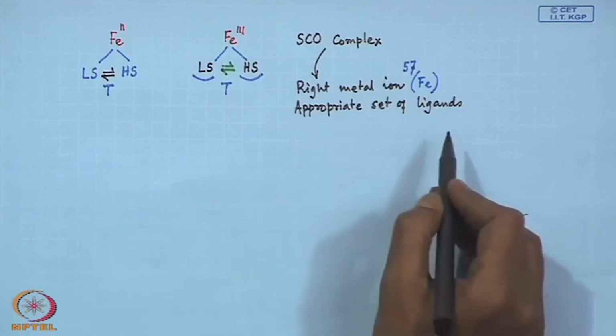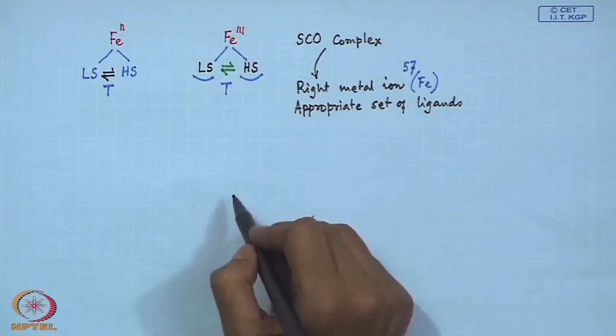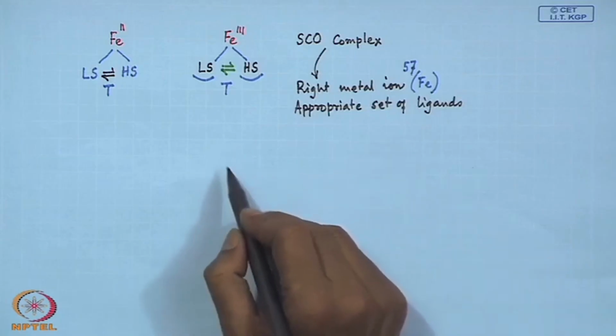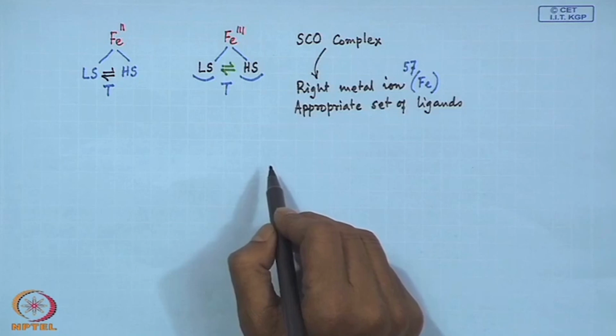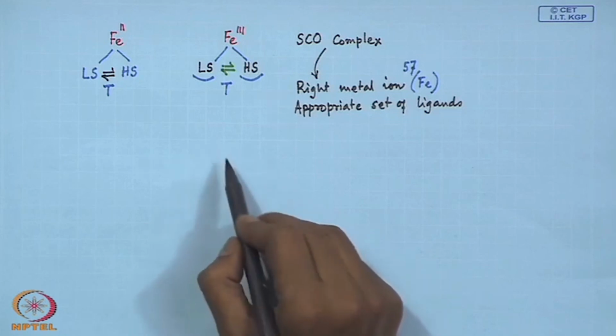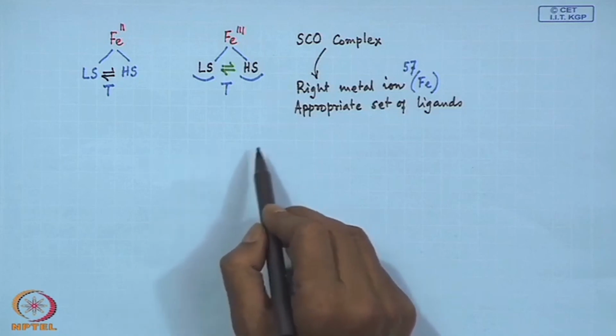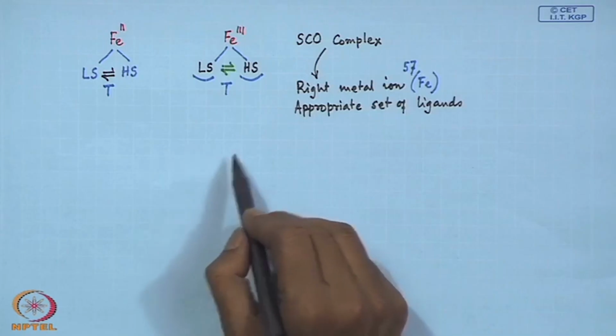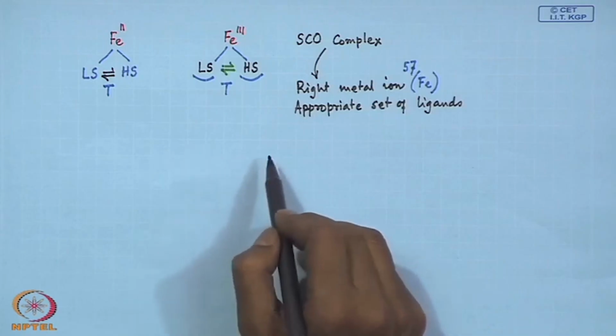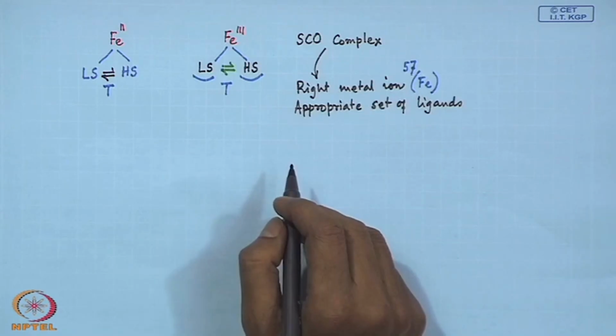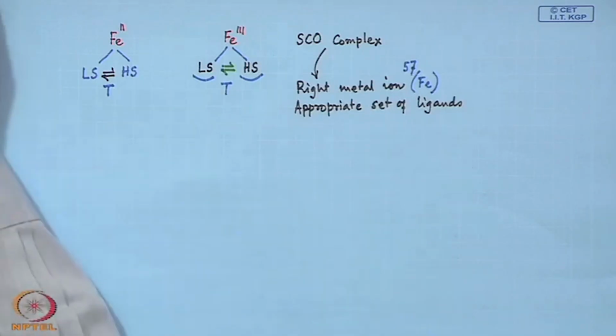When we measure how far the signal is from the central position, that tells us about the isomer shift, and how the signature is split into a doublet or so gives rise to the quadrupole splitting.